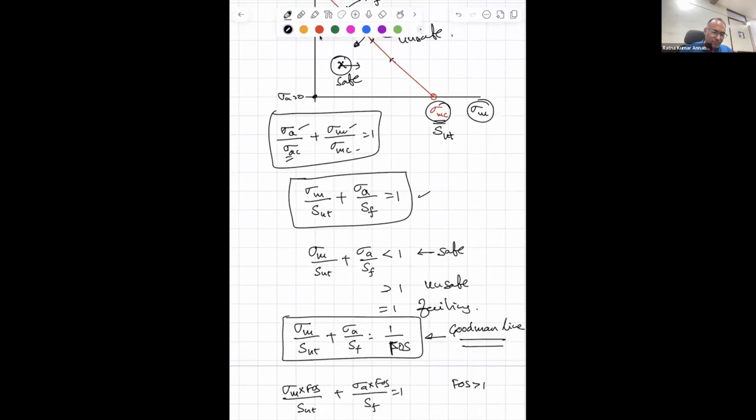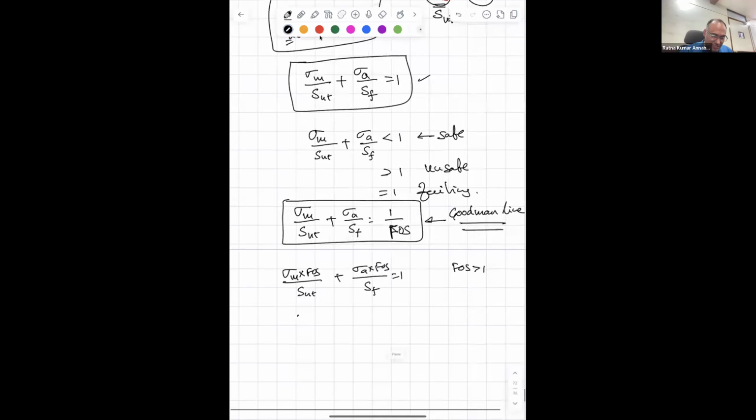Actual value is this, but I am making it move that way. Or I can move it this way. Or I can also say sigma m by SUT by FOS plus sigma a by SF by FOS. Correct?